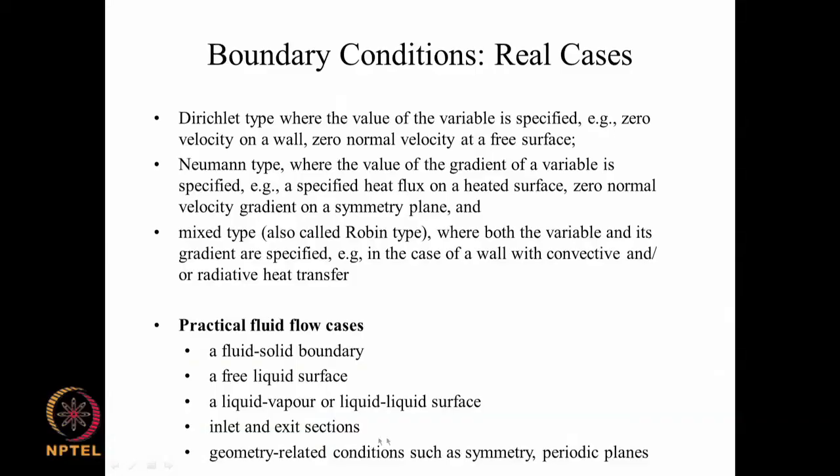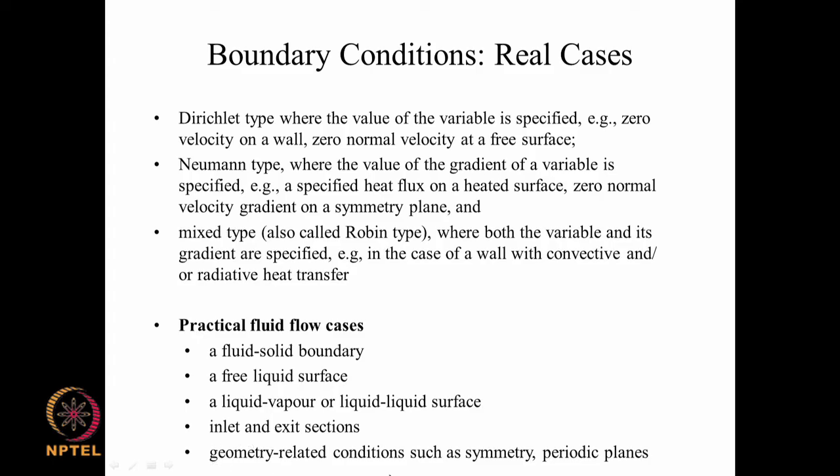So there again you can bring in a certain constant pressure on the outside, or you can say that the flow is fully developed, in which case the velocity gradient in the flow direction is equal to 0. So these are all special types of boundary conditions that are helpful for us to introduce flow and take out flow.